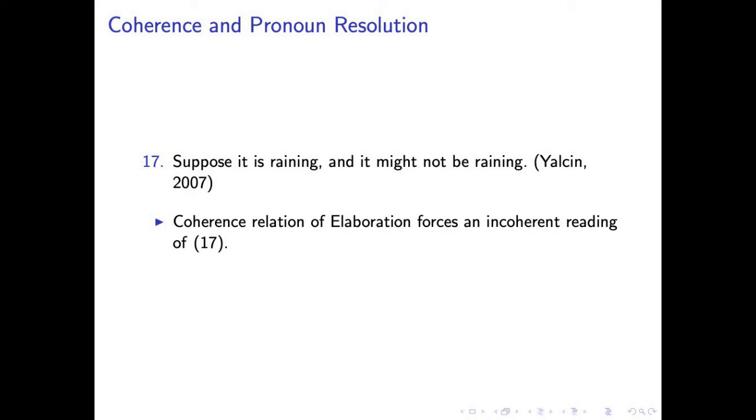Now I want to suggest, no, the verdict should be something different. Look, here you have a conjunction. You have a possibility introduced in the first conjunct, namely that it is raining. The second conjunct further elaborates on that possibility. This elaboration relation makes the possibility prominent and forces it as a restriction on the modal might in the second conjunct, right?